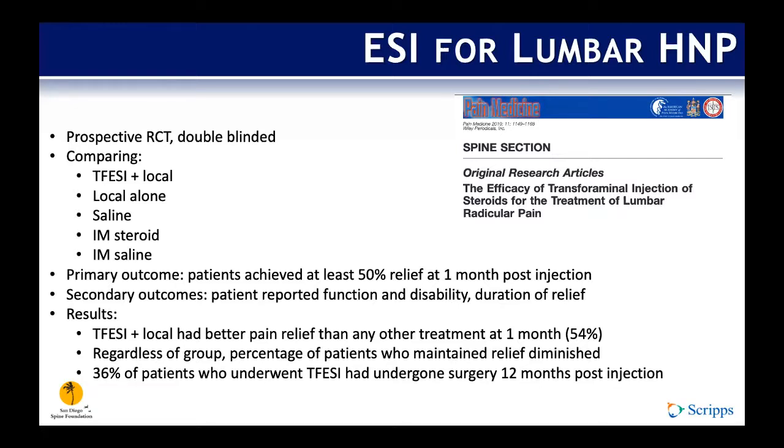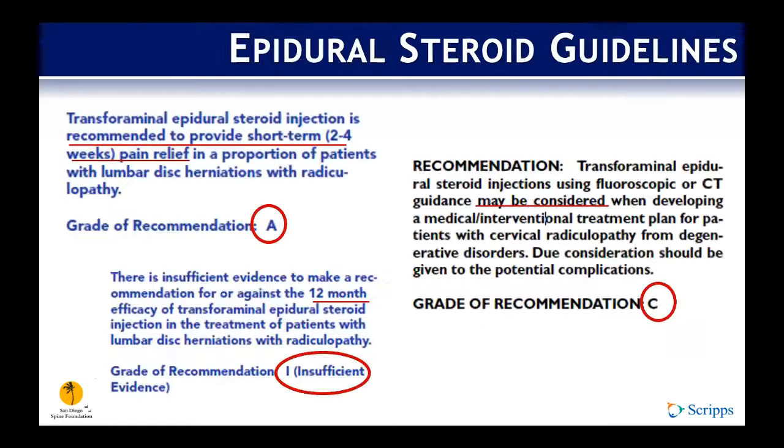But no matter what treatment these groups had, over time, all of their relief diminished. And as a follow-on to the previous study I just showed about cervical injection for disc herniation or radiculopathy, 36% of patients who underwent the transforaminal injection in this group had undergone surgery within 12 months of injection.